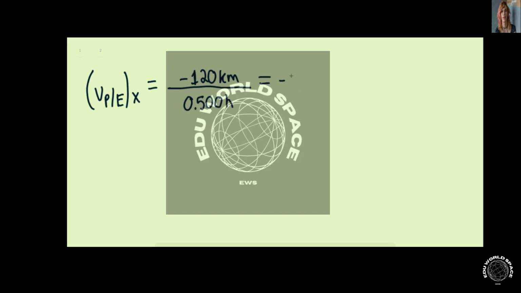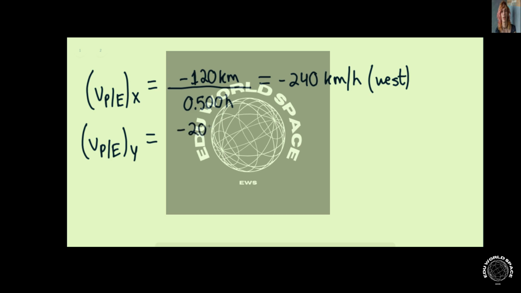This is giving us negative 240 kilometers per hour, west. And the velocity of the plane relative to the Earth in the y direction would be negative 20 kilometers divided by 0.500 hours. This is giving us negative 40 kilometers per hour, directed towards the south.